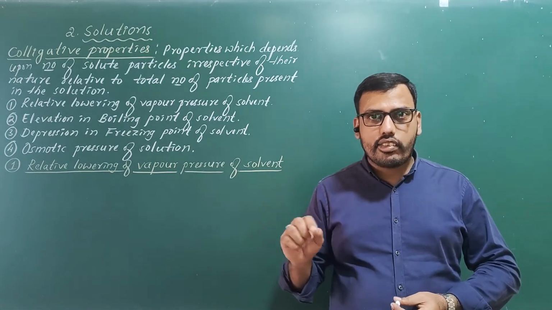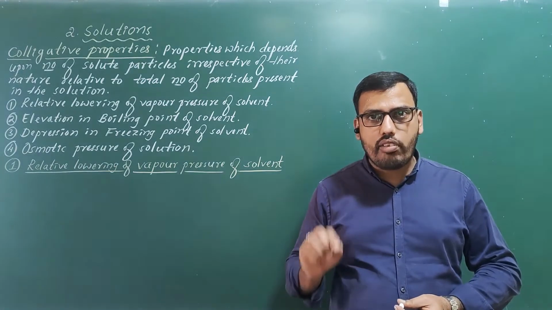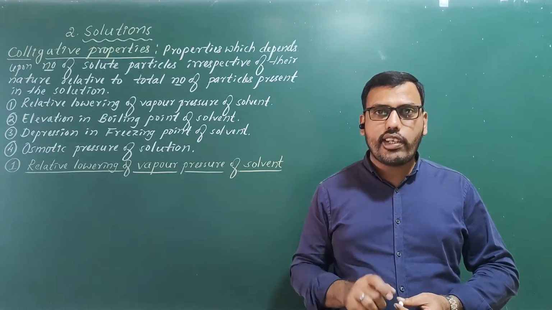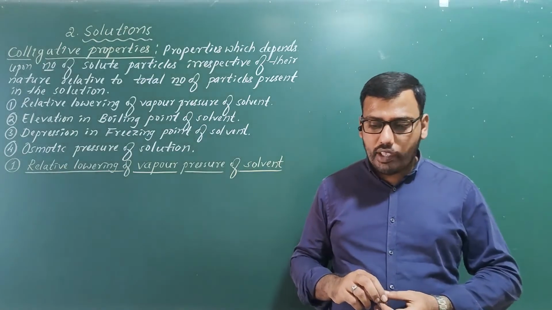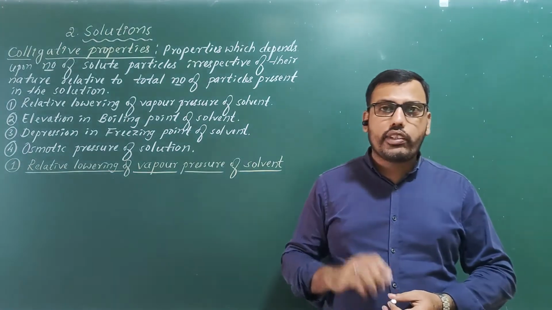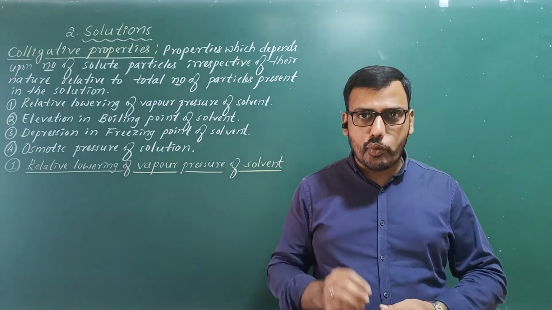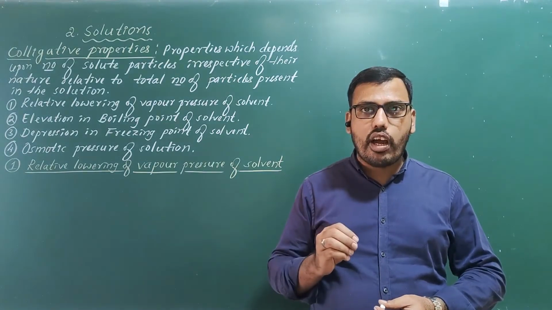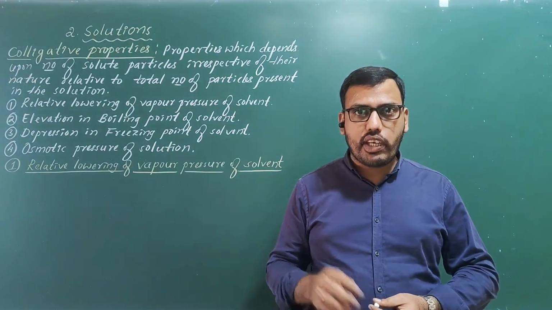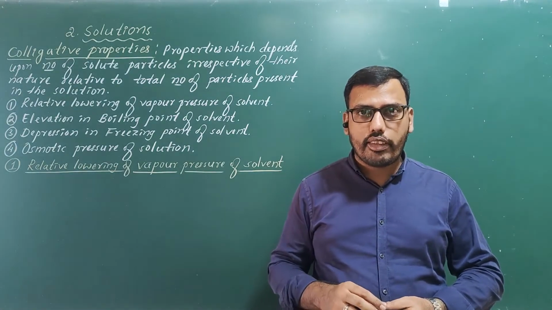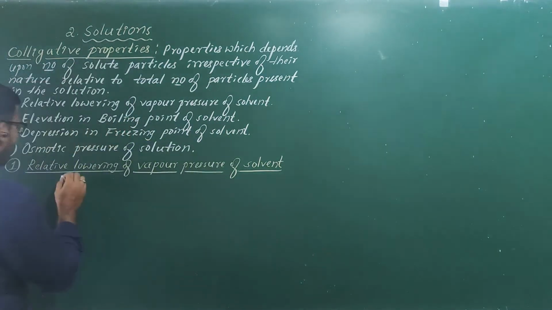If you divide it by the vapor pressure of pure solvent, P1 naught, the quantity is called relative lowering of vapor pressure. Generally, when we dissolve a non-volatile solute, the vapor pressure of pure solvent decreases because it becomes a solution. Okay, let us write about relative lowering of vapor pressure.